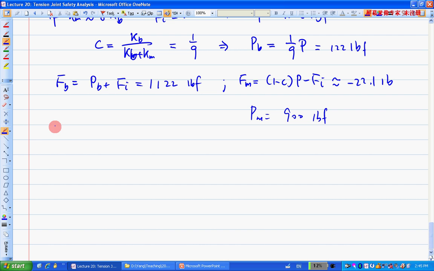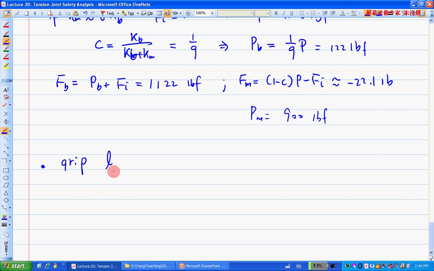Let's consider this situation. Remember in the previous lecture, when we calculated the stiffness, we had one parameter called grip, indicated by L. Grip is basically, for a bolted joint, the total length of all the members being clamped together.